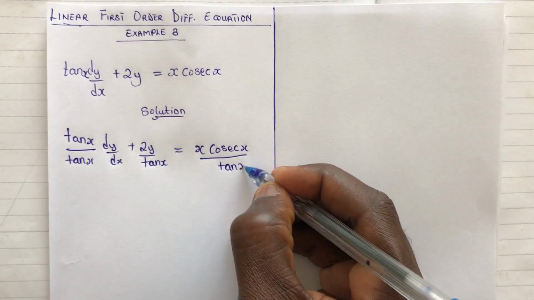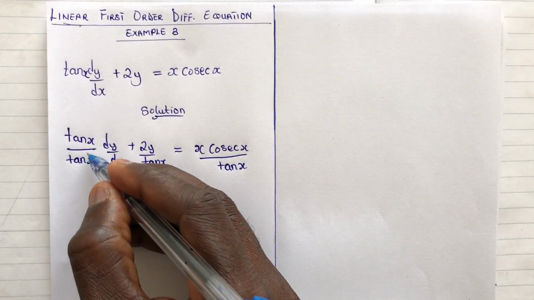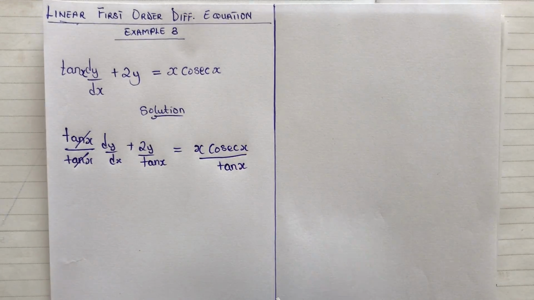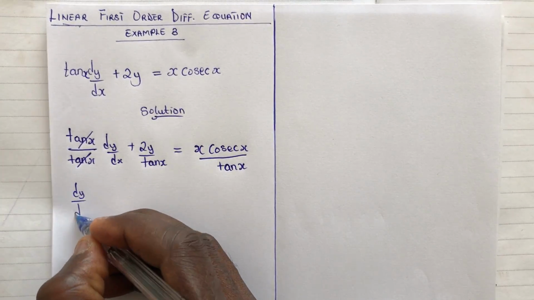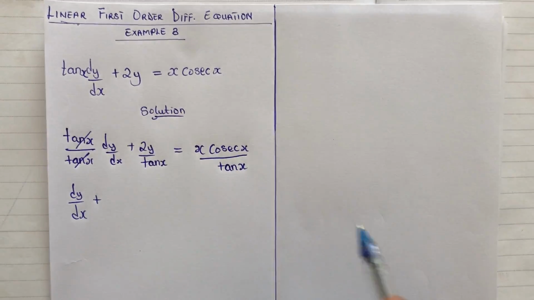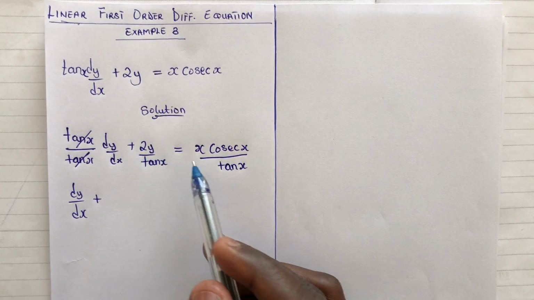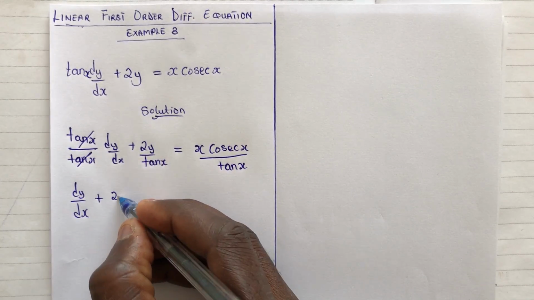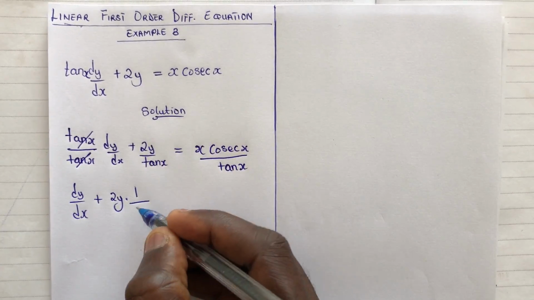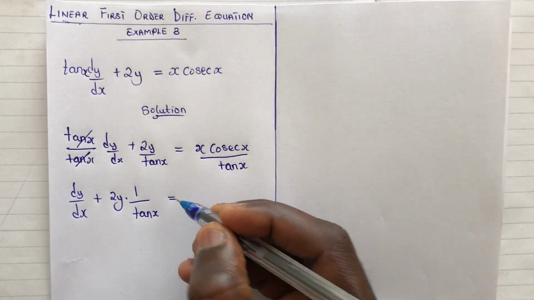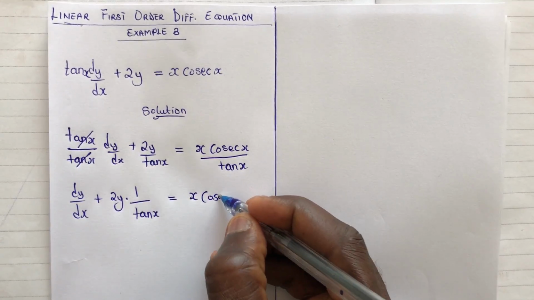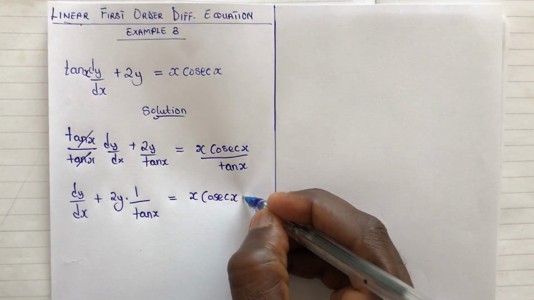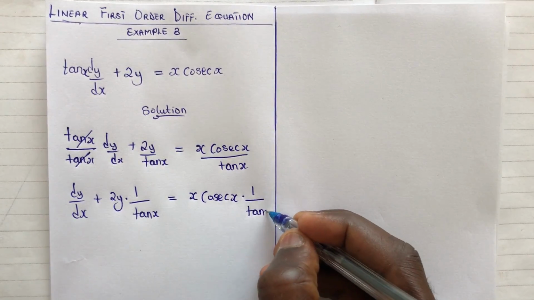over tan x. So we can now take care of this one and we are left with dy/dx plus, so I can factorize 2y outside, 2y times 1 over tan x, equals x cosec x times 1 over tan x.